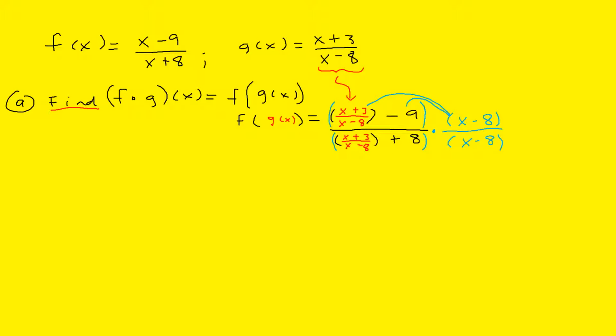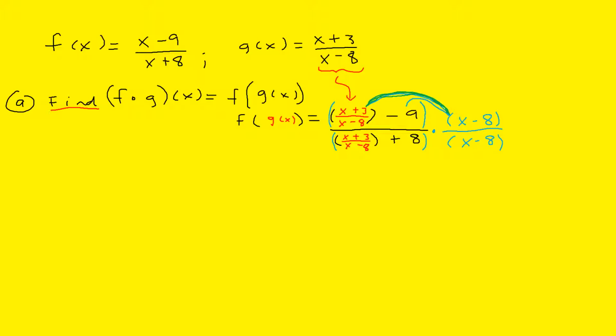Well, the first product, the one represented by this big arc right here, that is going to be just x plus 3, because of course the x minus 8s are going to cancel.